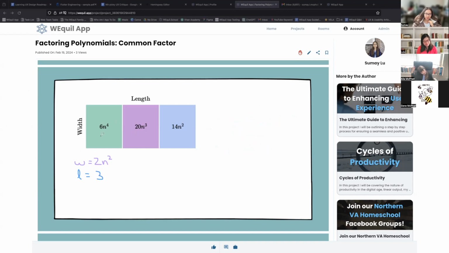Because 2 times 3 equals 6, and n squared times n squared equals n to the power 4. So therefore, 2n squared times 3n squared equals 6n to the power 4. Does that make sense, Isla?